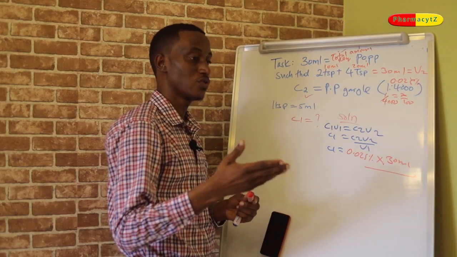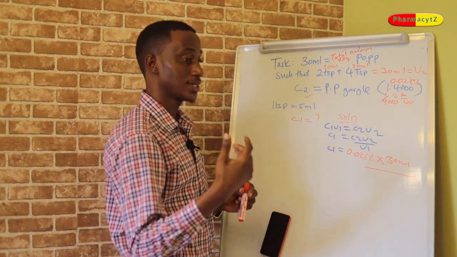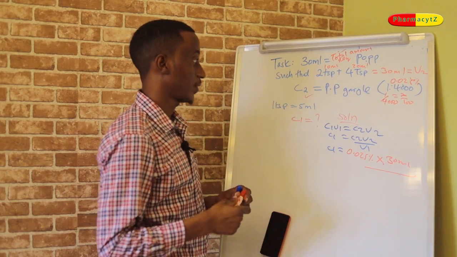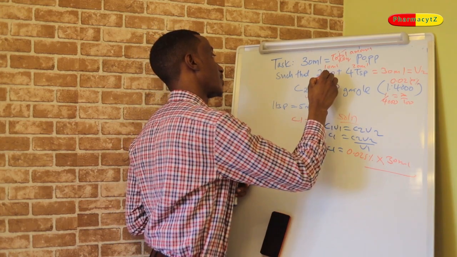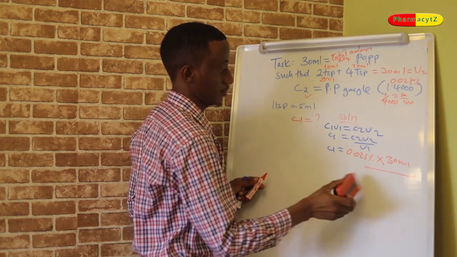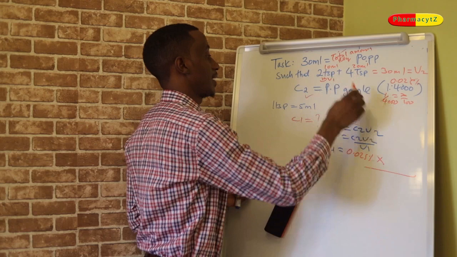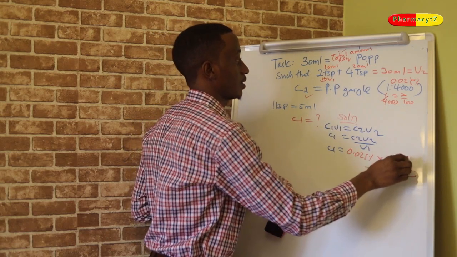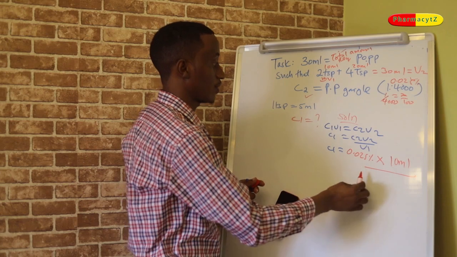Prepare 30 ml of potassium permanganate solution such that when a patient dilutes 2, so these 2 will be volume 1. Volume 1 is 10 ml. That was the initial volume and the final was the total of both.